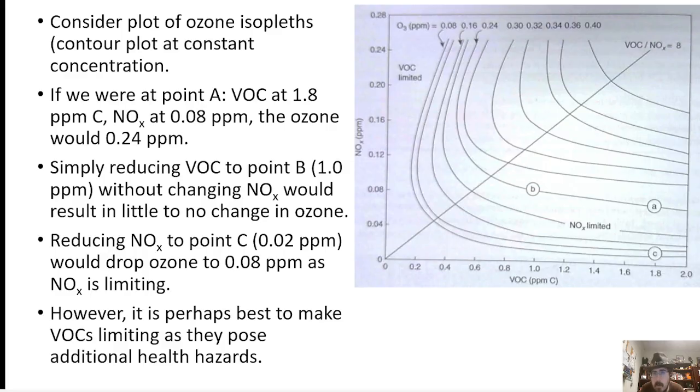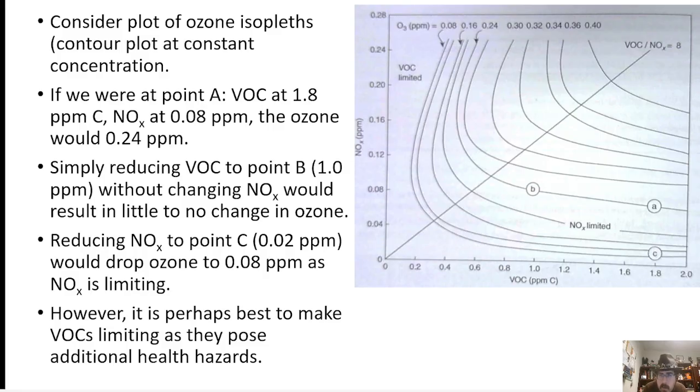So, yes, in the long run you're cleaning up the air, but you still get the same amount of ozone. However, if we were to reduce to point C, change the NOx to 0.02, and leave the VOCs at 1.8, the amount of ozone produced drops to 0.08 because NOx is limiting.